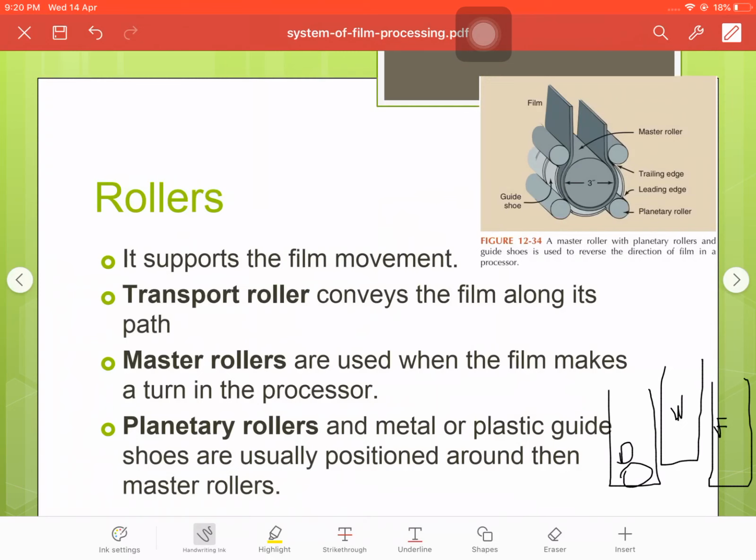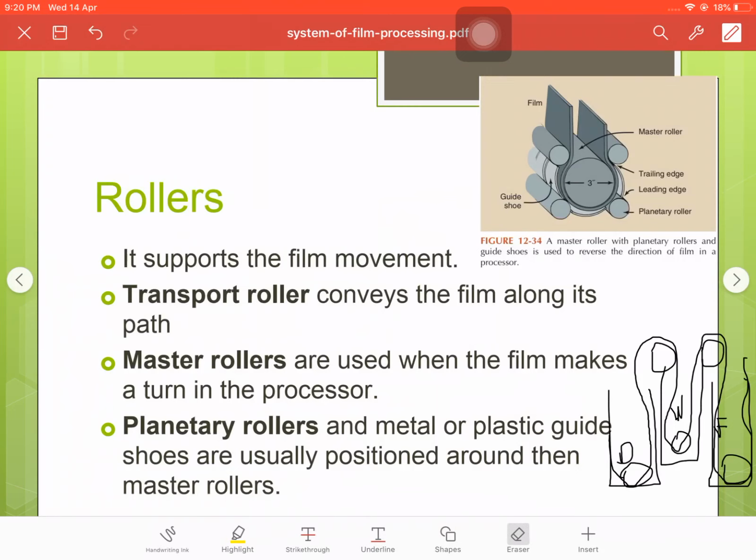Meron dito, meron dito, meron dito, dito, dito. Para mag-guide niya yung ating radiographic film na mag-turn sa bawat tangke. Okay, so ganun yung trabaho ni master roller.